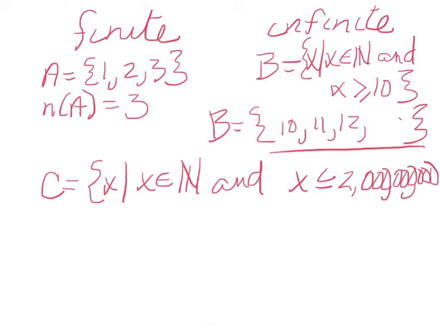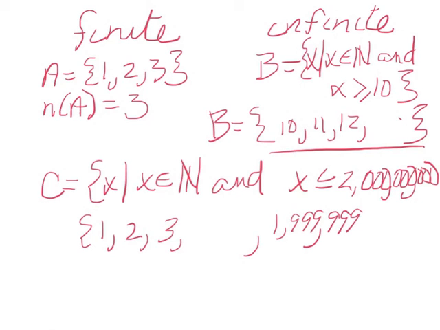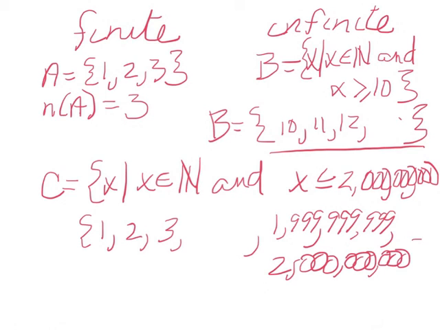Well, if that's the case, even if I start listing the roster method, 1, 2, 3, dot, dot, dot, then I go 1,999,999,999, and then the next number is 2 billion. You can see that this is still a finite set.